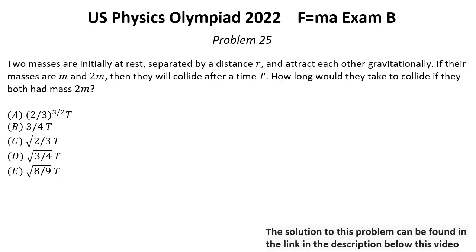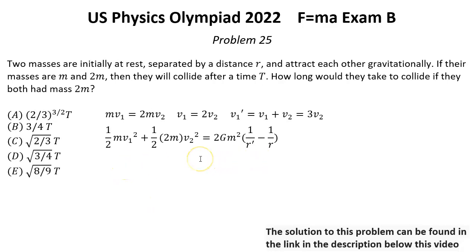Here we can use energy conservation and momentum conservation. First, let's use momentum conservation. We have m v1 equal to 2m v2. It means that v1 equal 2 v2 and the relative speed v1 prime equal v1 plus v2, or 3 times v2. From energy conservation we have this expression.